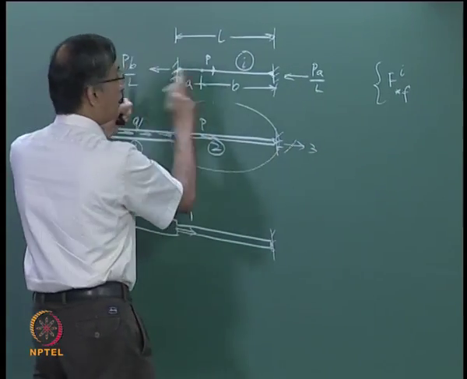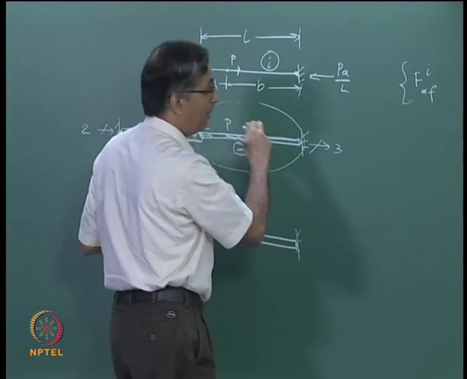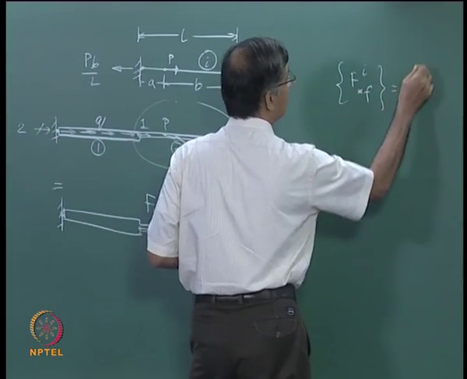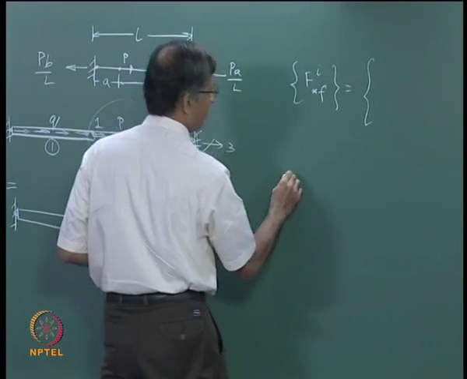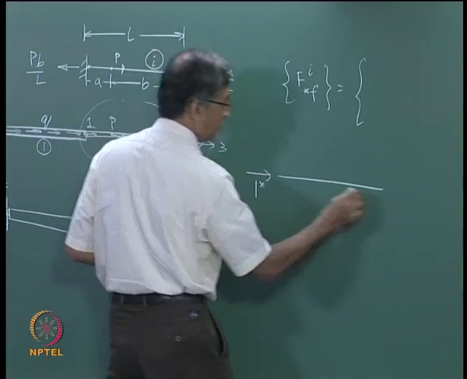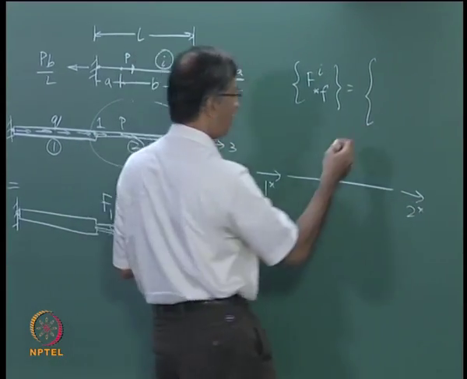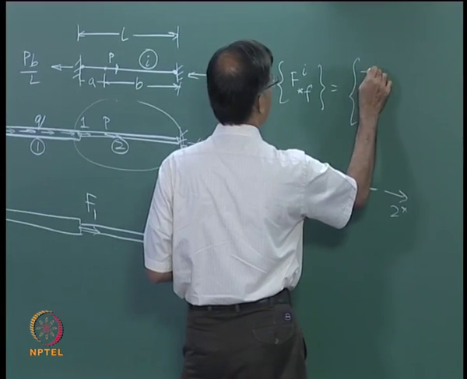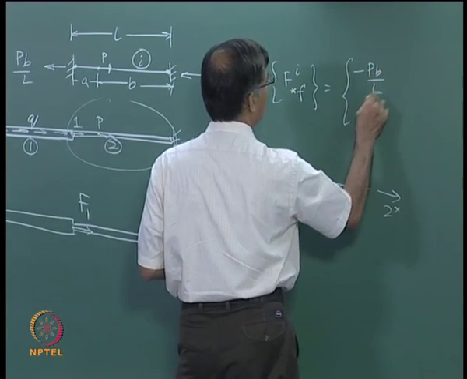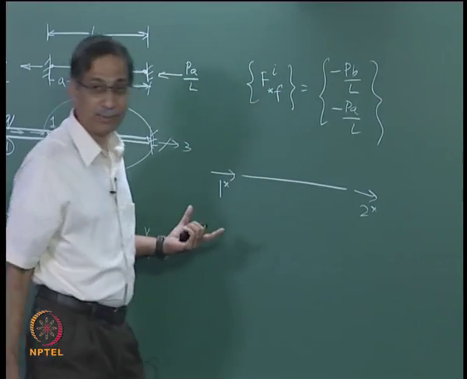Supposing this had 2 degrees of freedom, then you could have written this as, remember in the conventional stiffness method we had 1 star, 2 star, right. And so it was possible to write this as minus P B by L, minus P A by L. That was possible.